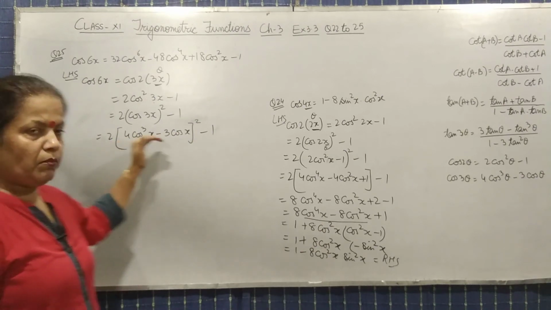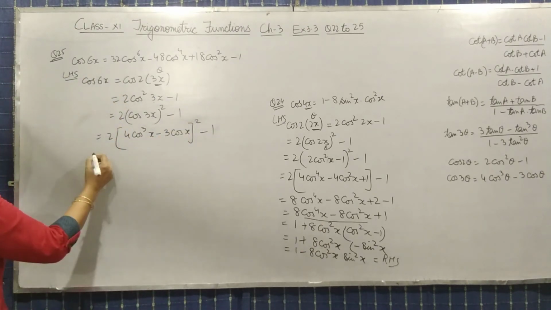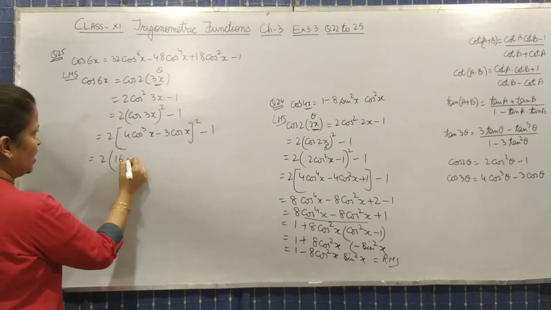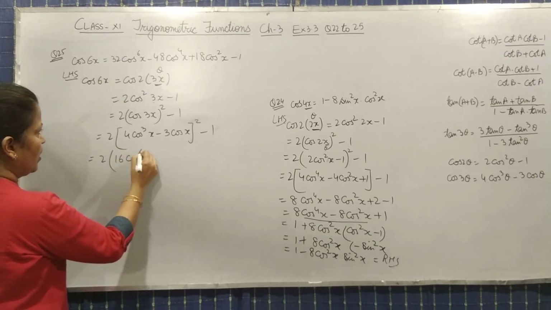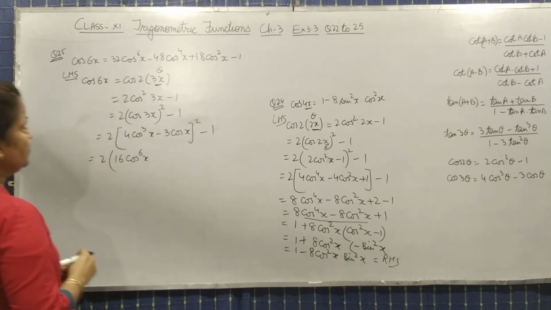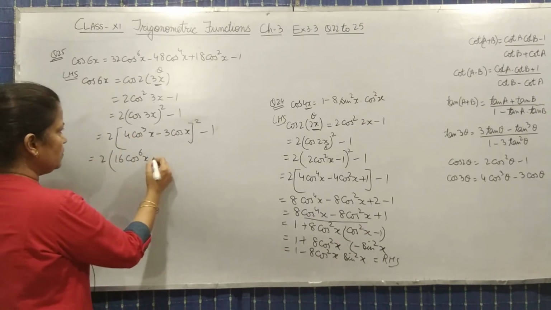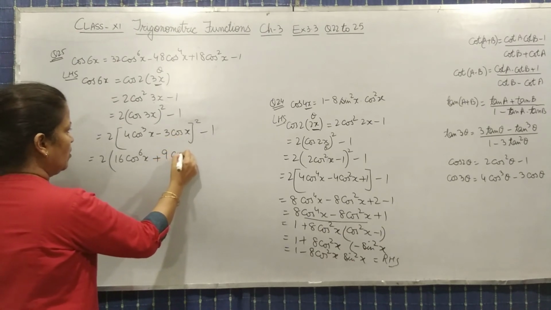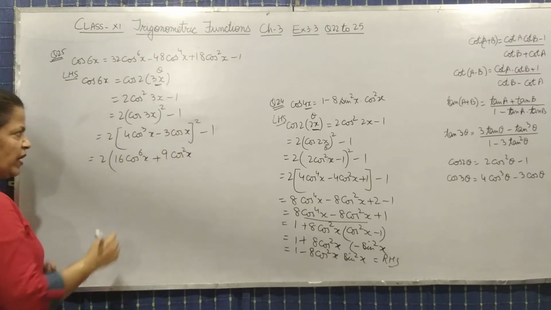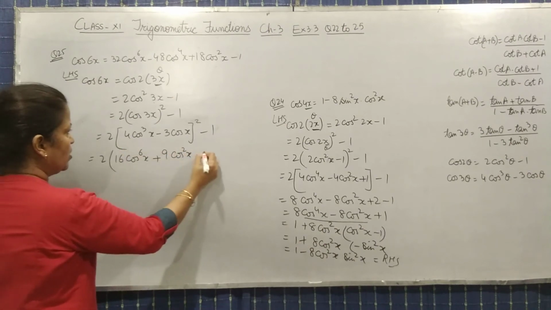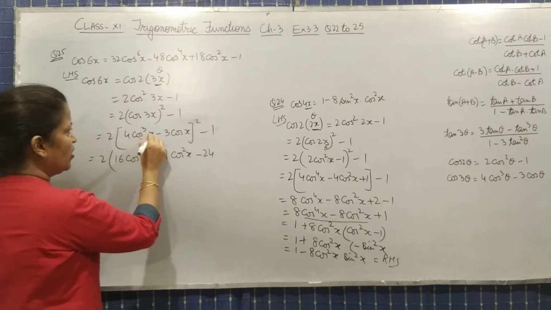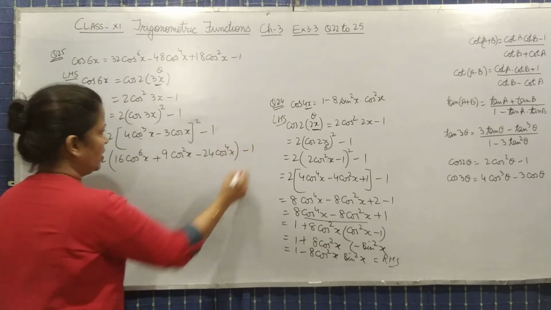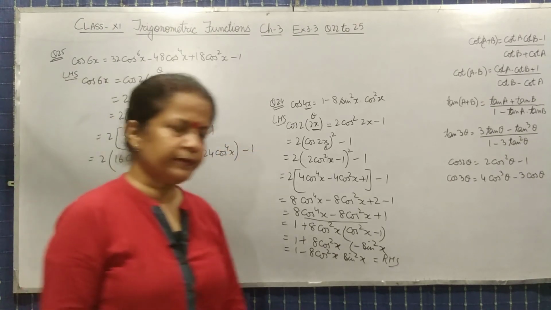Now the a minus b whole square formula. So 2 times a square, 16 cos to the power 6 x, plus b square, 9 cos square x, minus 2ab, 24 cos 3x into cos x, cos 4x, and minus 1. Is it clear?